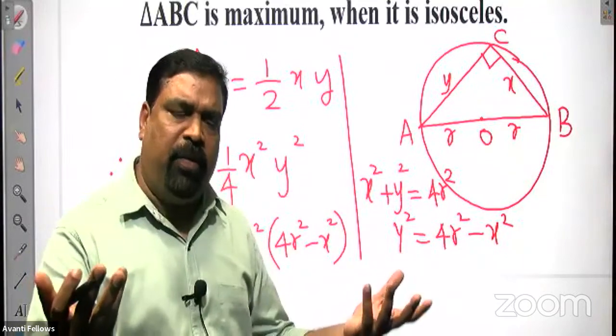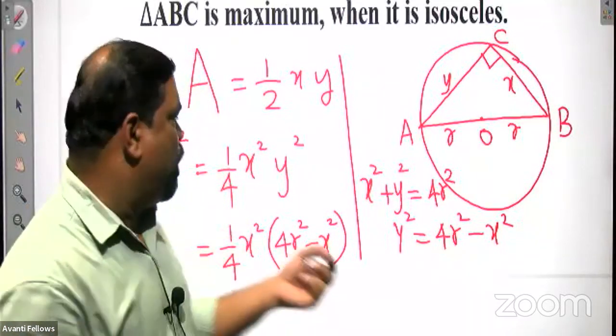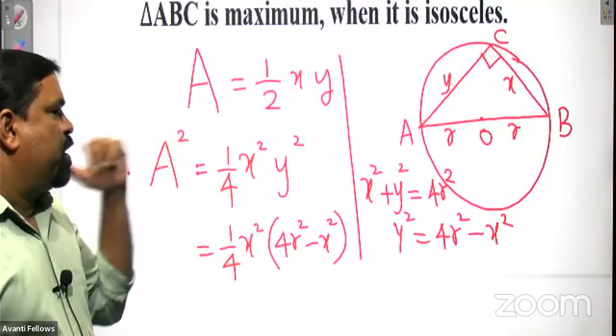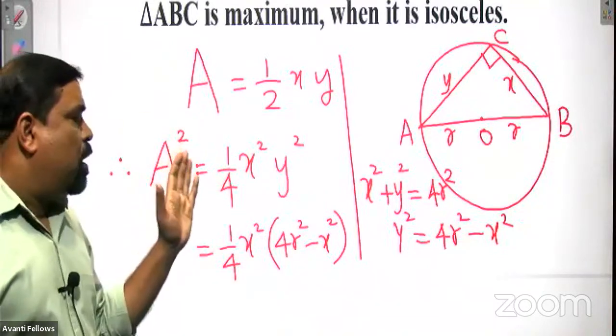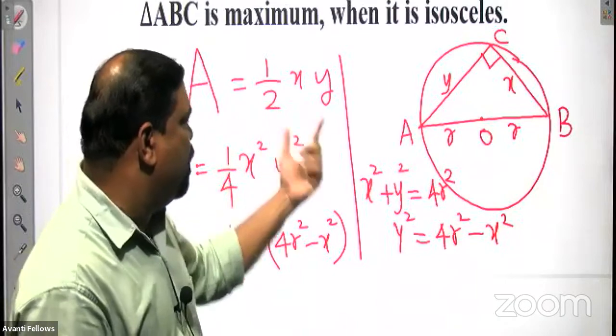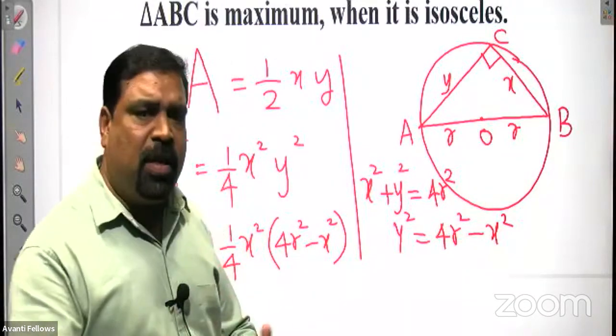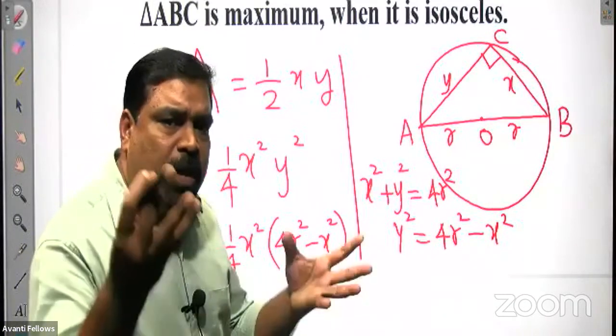Whenever A is maximum, S square is also maximum. So there is no problem in squaring this function. If you square, our differentiation will become easier. That's why I have taken the square. Otherwise, Y will be equal to root of 4R square minus X square, and differentiation will be a little bit difficult.